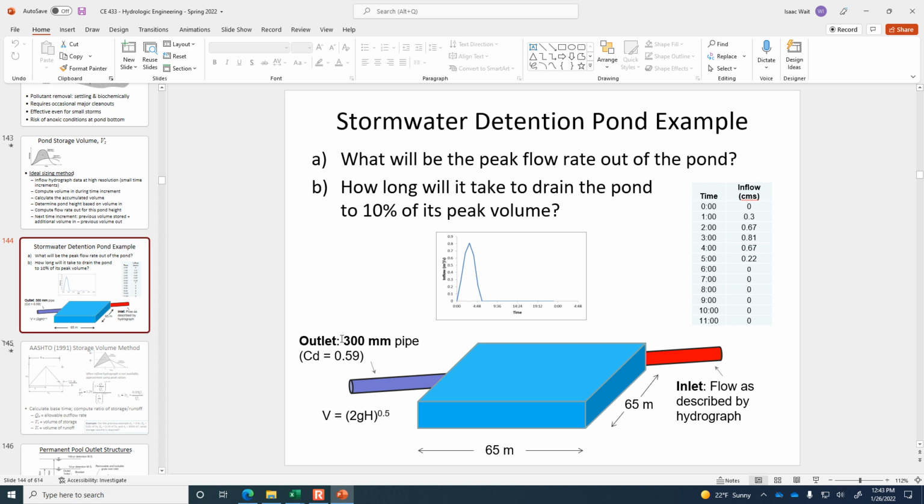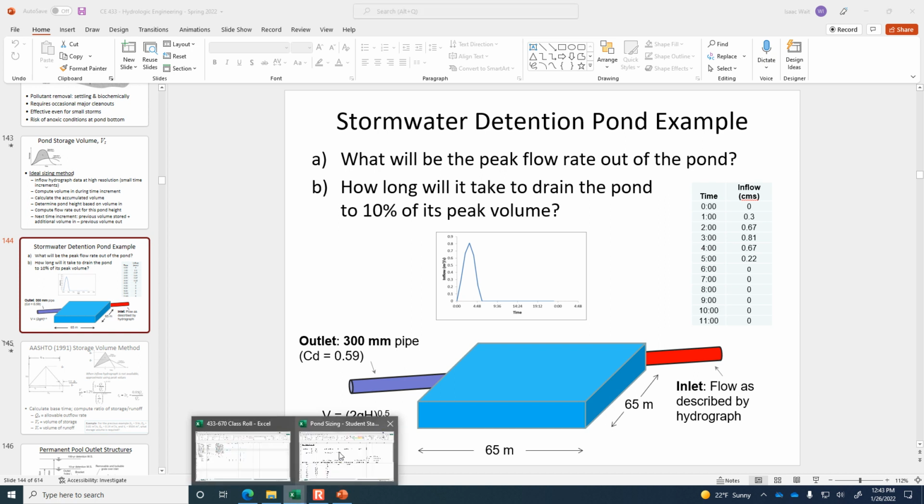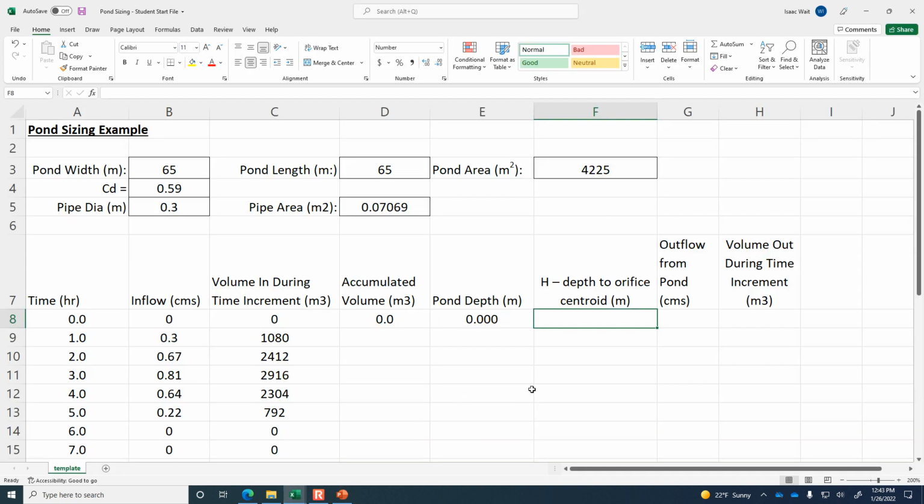So if it's a 300 millimeter pipe, the center line of the pipe is 150 millimeters off the bottom of the pond. Okay, so it's going to be 0 for this first one, but later we're going to calculate that a different way. There's no outflow if there's no inflow, and so there was no volume out during that time increment.